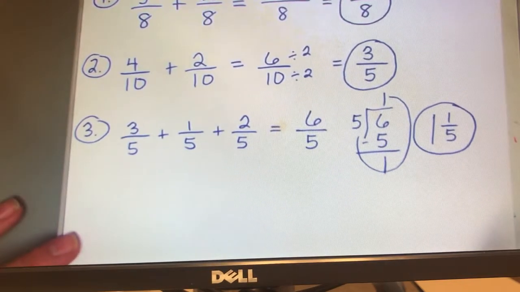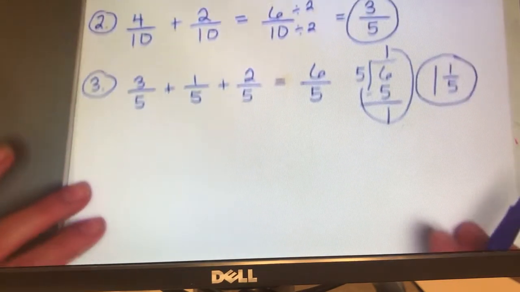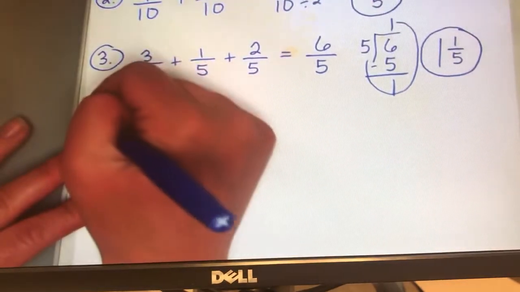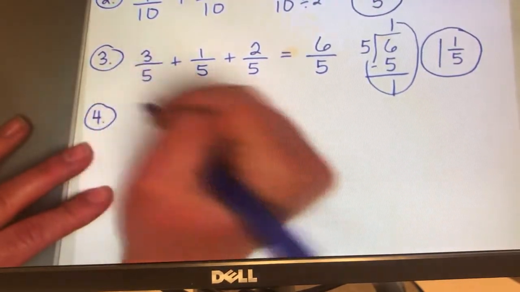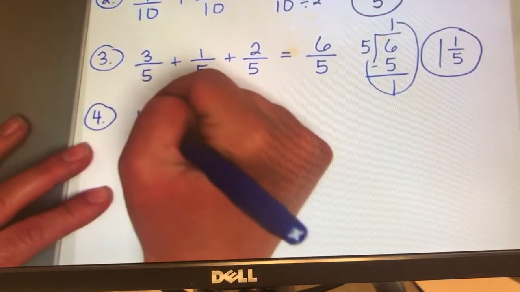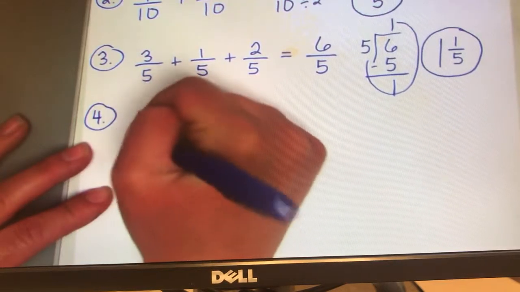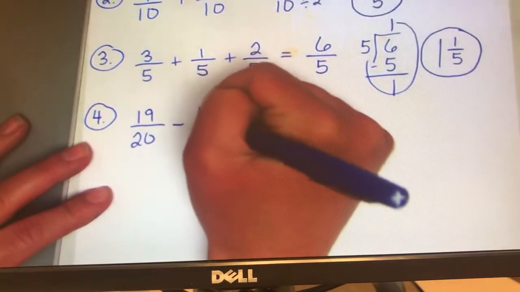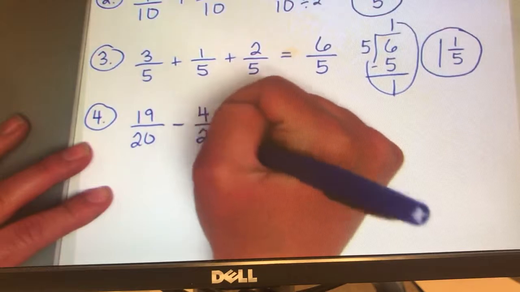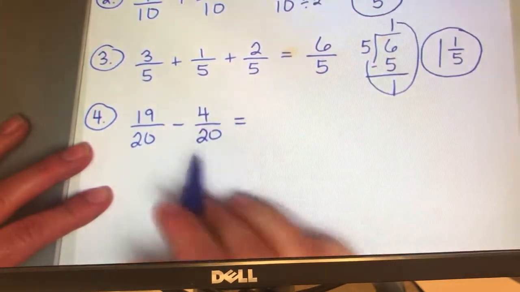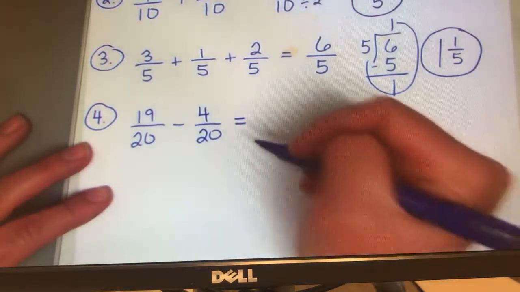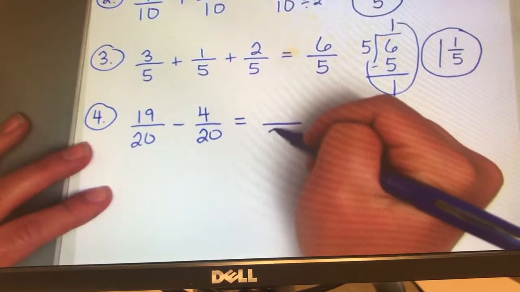Okay, now let's do some subtraction ones with like fractions. Number 4, 19/20 minus 4/20. Okay, I notice they're both like, so I can just subtract the numerators.